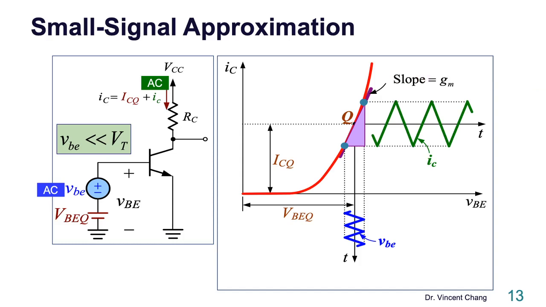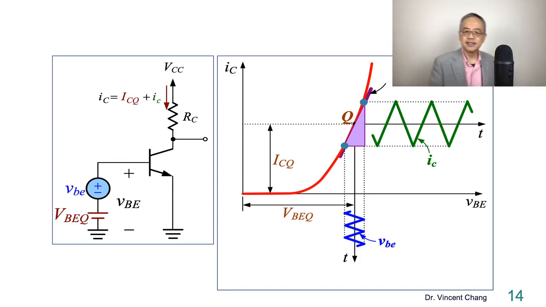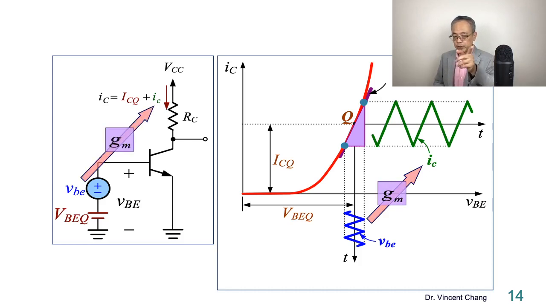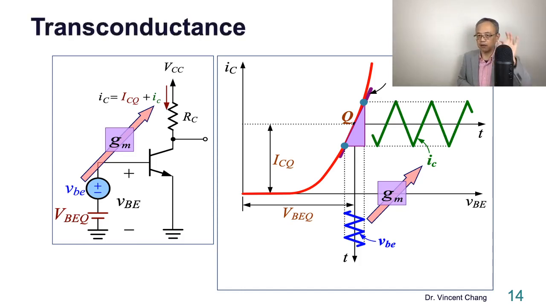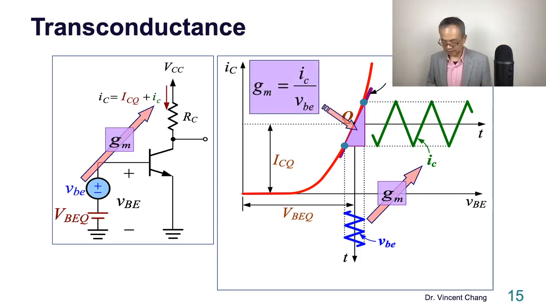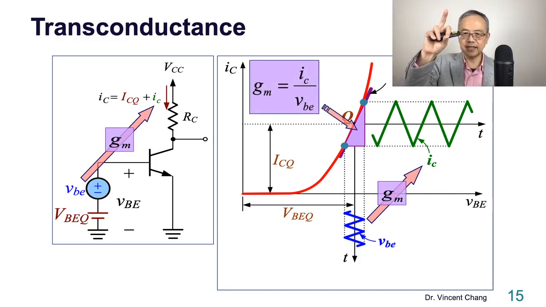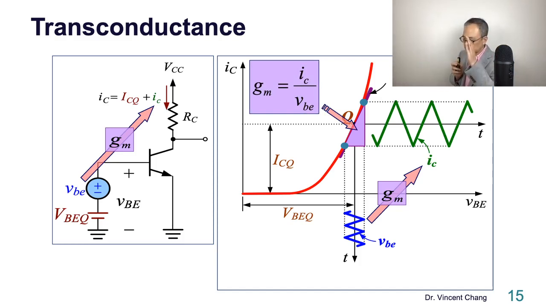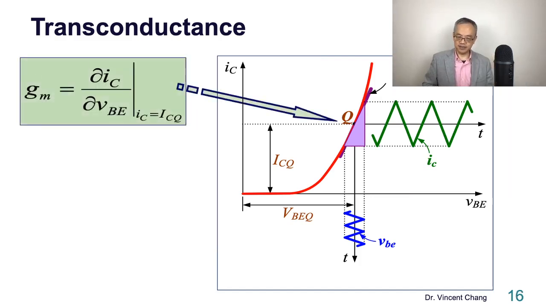The purple triangle manifests the beautiful relationship among these three: two variables and one very important quantity called transconductance. Height, IC, divided by base, VB, equals the slope. Always remember this.